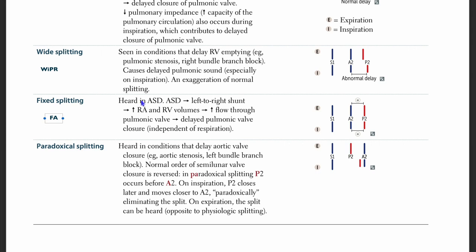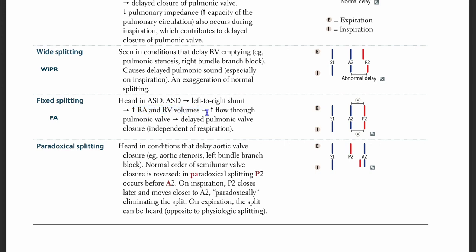Atrial septal defect will lead to a left to right shunt, because the left side is stronger than the right side, so it's going to push the blood through the septal defect, and then you have an increase in right atrium and right ventricle volumes.